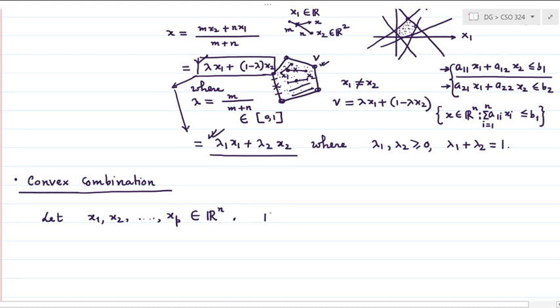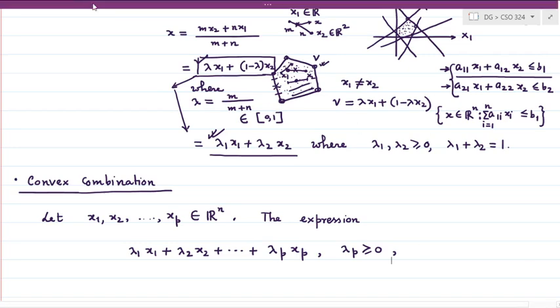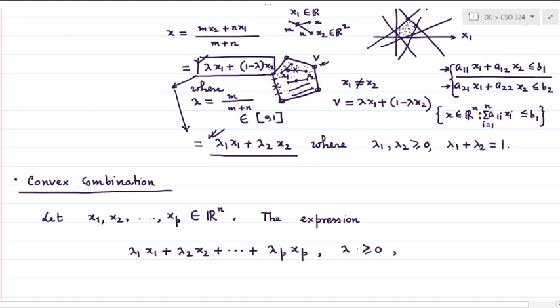Then the expression lambda 1 x1 plus lambda 2 x2 plus ... plus lambda p xp, where each lambda i is greater than or equal to 0 for every i equal to 1 till p, and their addition, lambda 1 plus lambda 2 plus ... plus lambda p, is equal to 1.